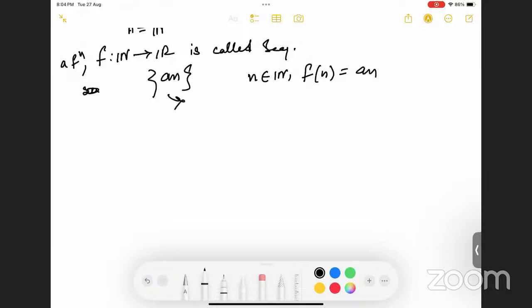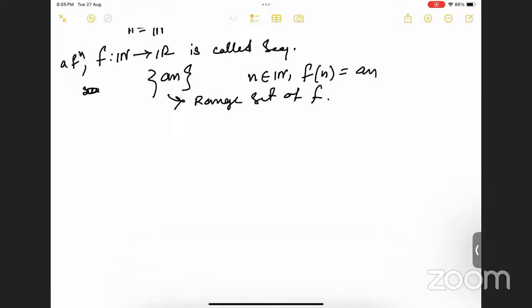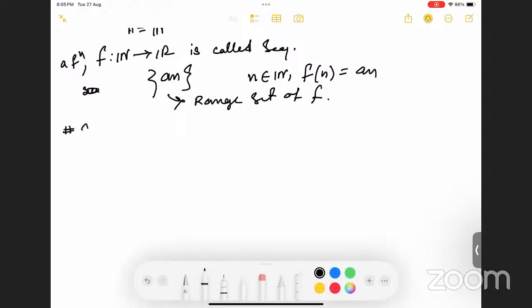This set is the range set of f, the collection of all the images under the map f. If we have a set, obviously we can define subsets. So a subsequence is nothing but a subset of the sequence, or the range set of f, right?